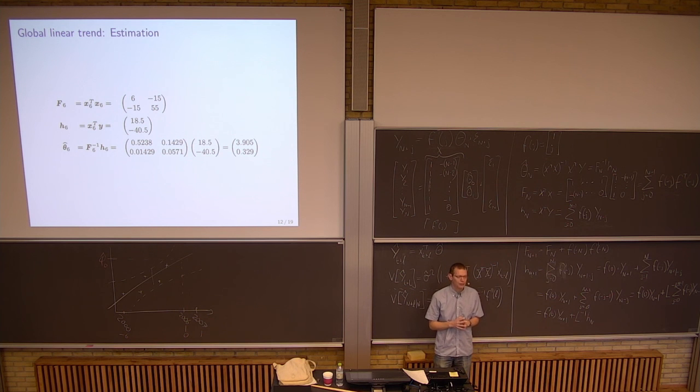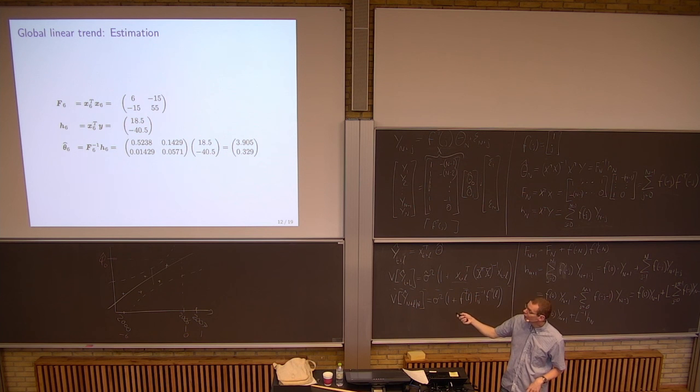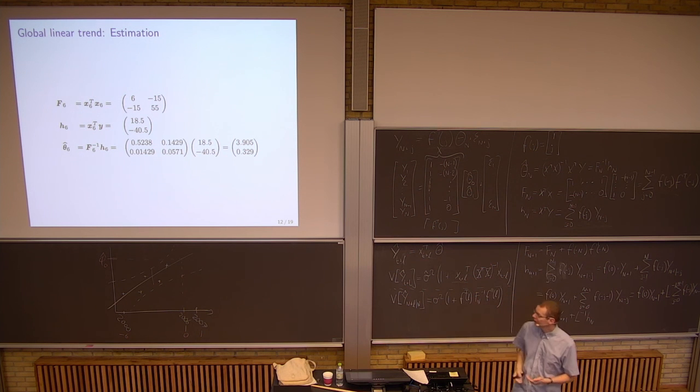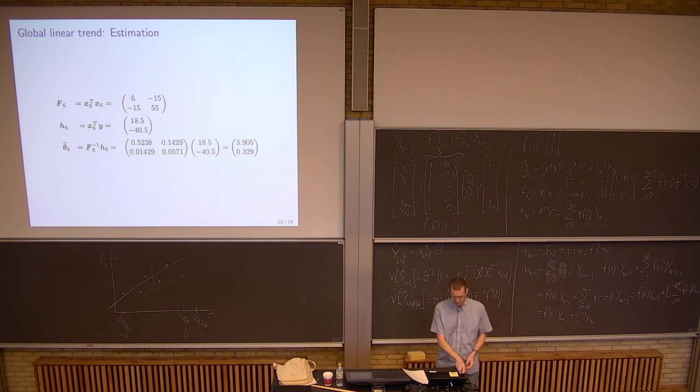You can calculate f fairly easily. You notice the upper left corner is just a sum of ones, so it gives you that you have 6 observations in this case. And you can easily identify some simple recursions for the other elements. Of course, h has to do with the observations as well, so you have to calculate that. And then you have to calculate this down here. So that's all you need to do to get this working.